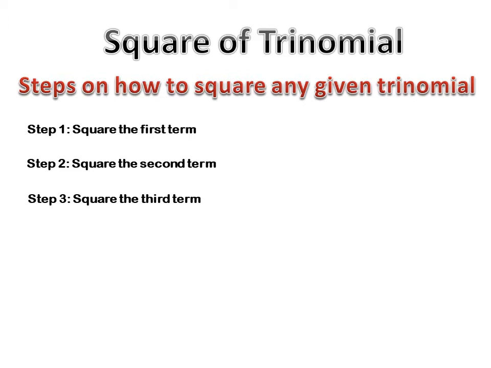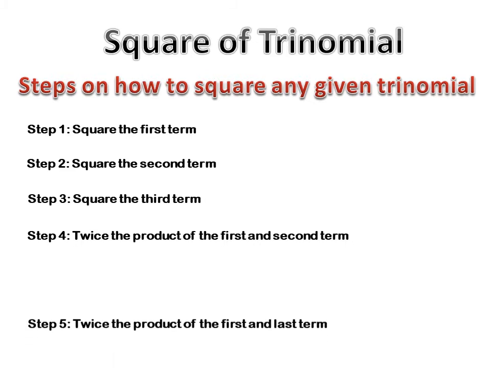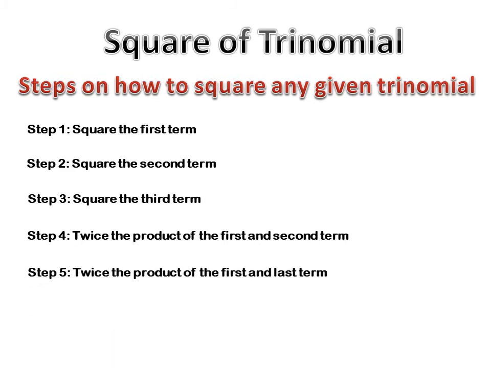For our fourth step, twice the product of the first and second term. For our fifth step, twice the product of the first and last term. And for our second to the last step, twice the product of the second and last term.